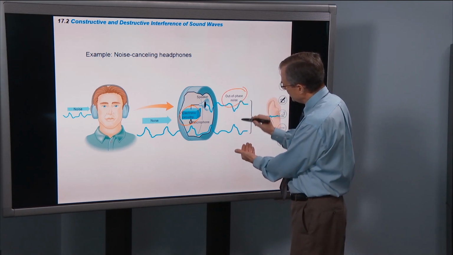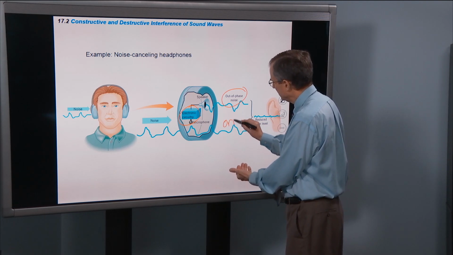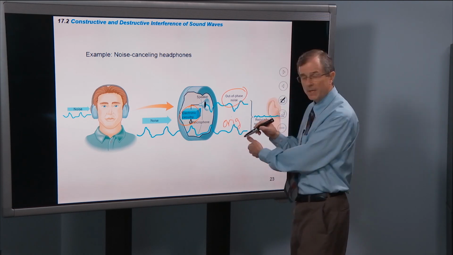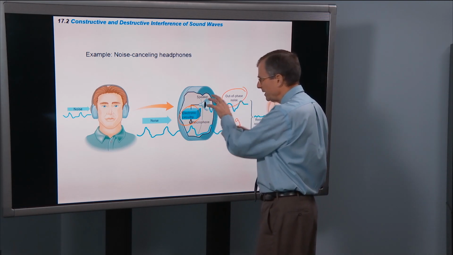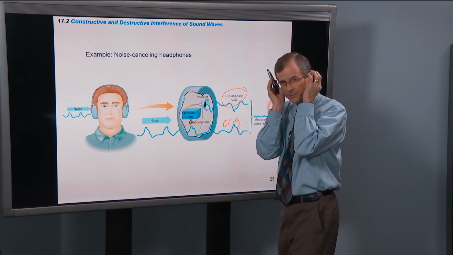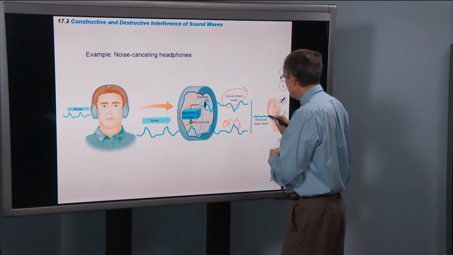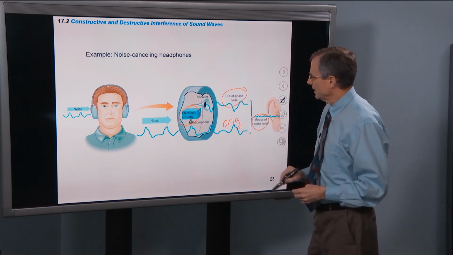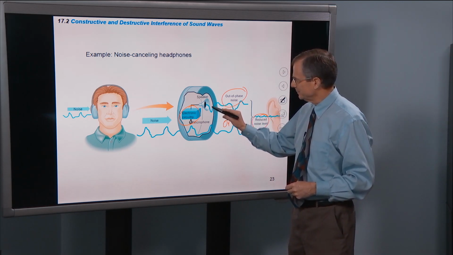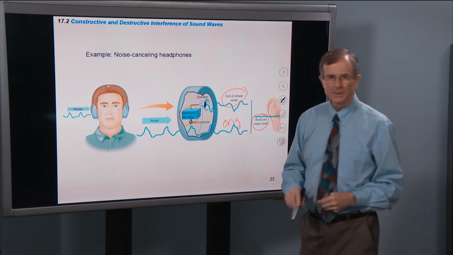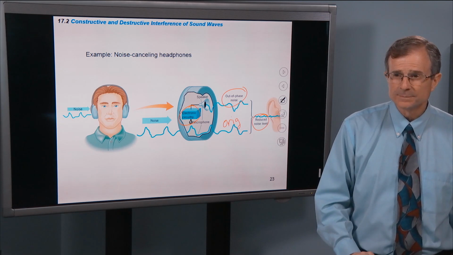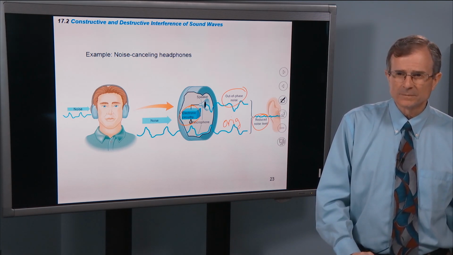So when you put the original sound together with the out of phase sound generated in the speaker inside of the headphones, you get a reduced noise level. So there's actually a little speaker in there that combines the existing sound with the generated sound to cancel the sound.